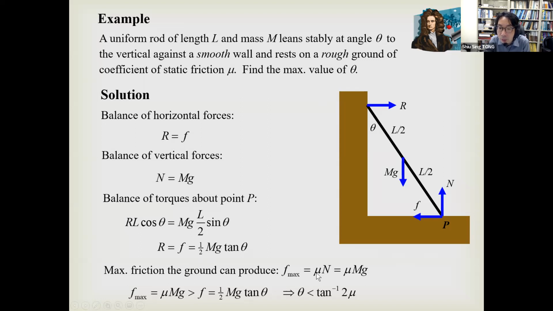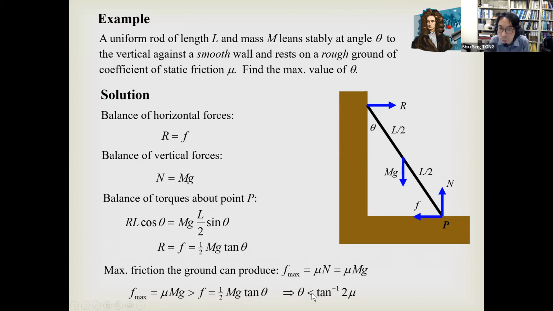So the maximum value of the friction is mu N, but N is equal to mg, so I have mu mg. I know that this is the maximum friction, so it must be larger than the actual friction f, which is equal to half mg tangent theta. And then this inequality can be solved for theta.